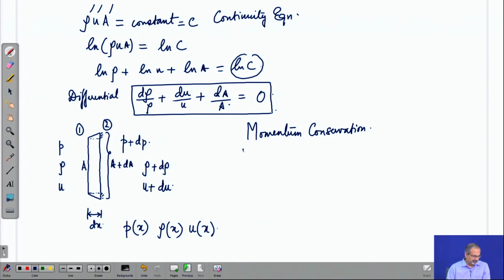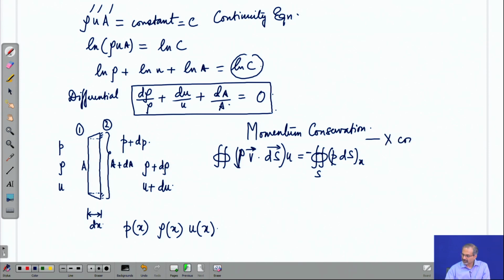We know that momentum conservation will come from the original equation that we have from the control volume approach. Let us try to write that down. We are writing it for the x component.